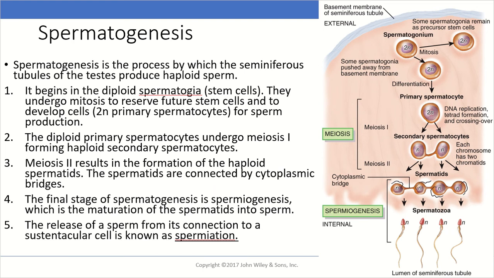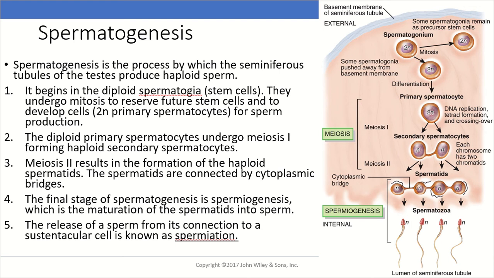This process of spermatogenesis is the process by which the seminiferous tubules of the testes are going to produce haploid sperm. So they only have half the number of chromosomes that you would find in a diploid cell.